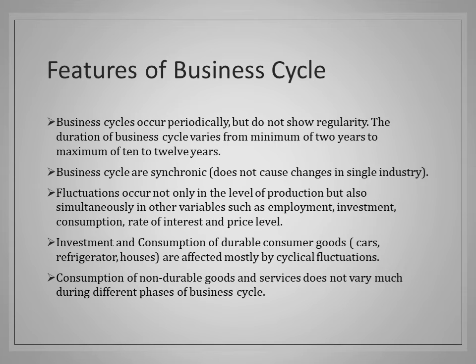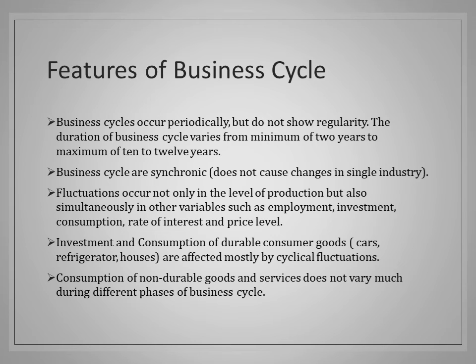Not only is production affected, but employment also increases and decreases. Investment also increases and decreases with time. Consumption also increases and decreases with time. And as we all know, the rate of interest on investment is changing and the price is also changing, which we refer to by the term inflation or deflation in the economy.